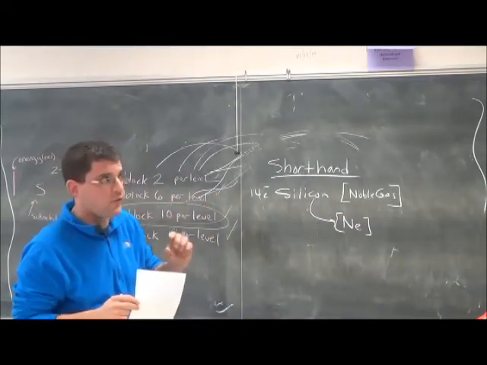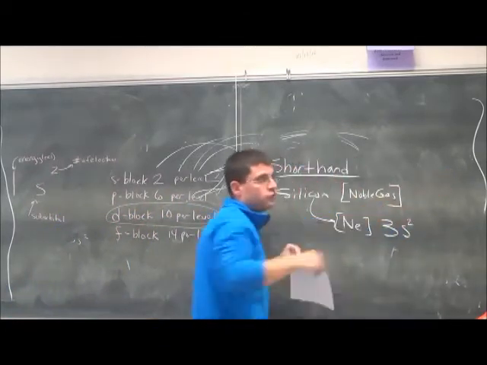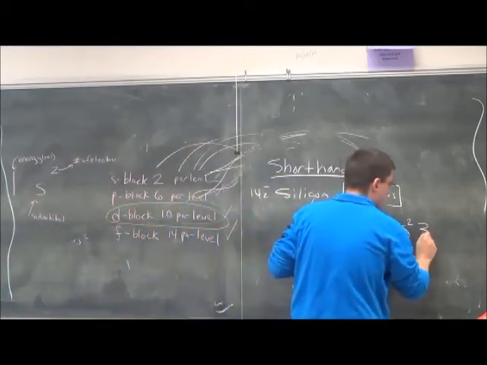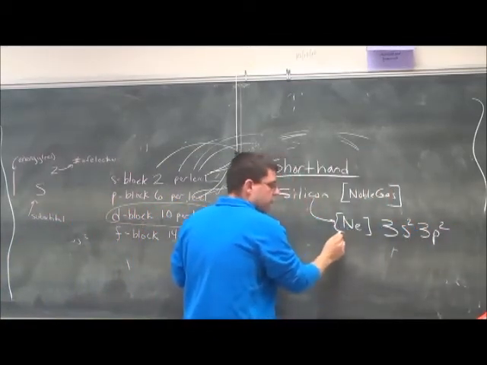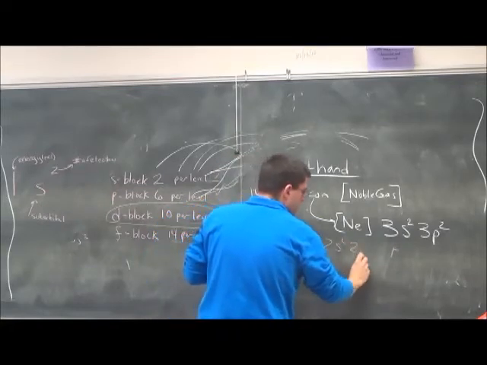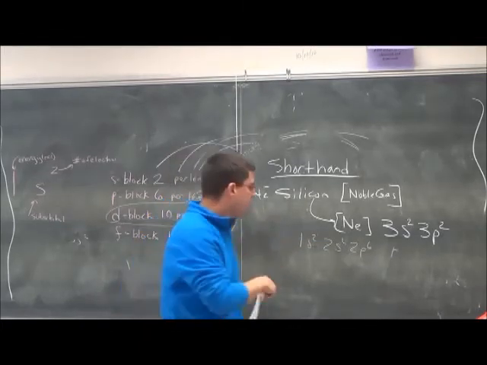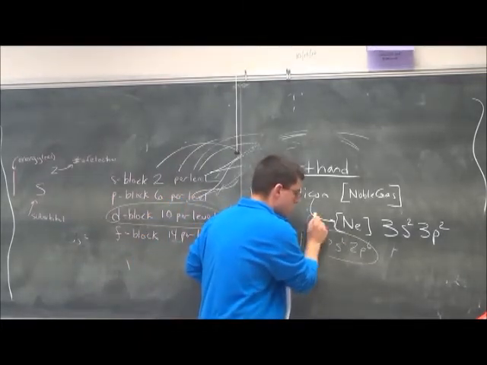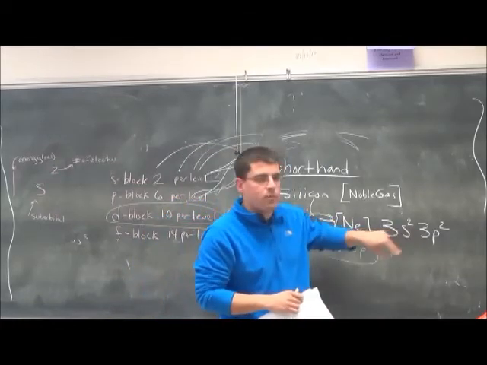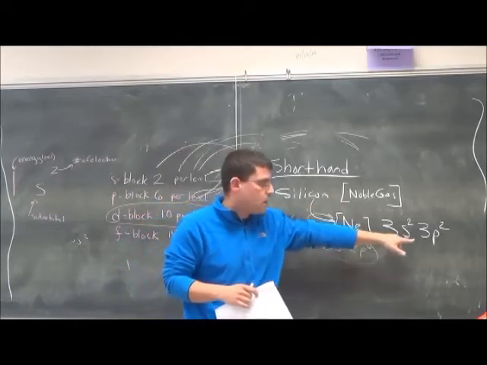And you would start at 3s2, sodium, magnesium, and go all the way over to silicon, 3p2. So this right here saves you from writing 1s2, 2s2, 2p6. This right here is assumed in there. And then you have the remaining ones. So when you write it shorthand, you take the previous noble gas and go from there.